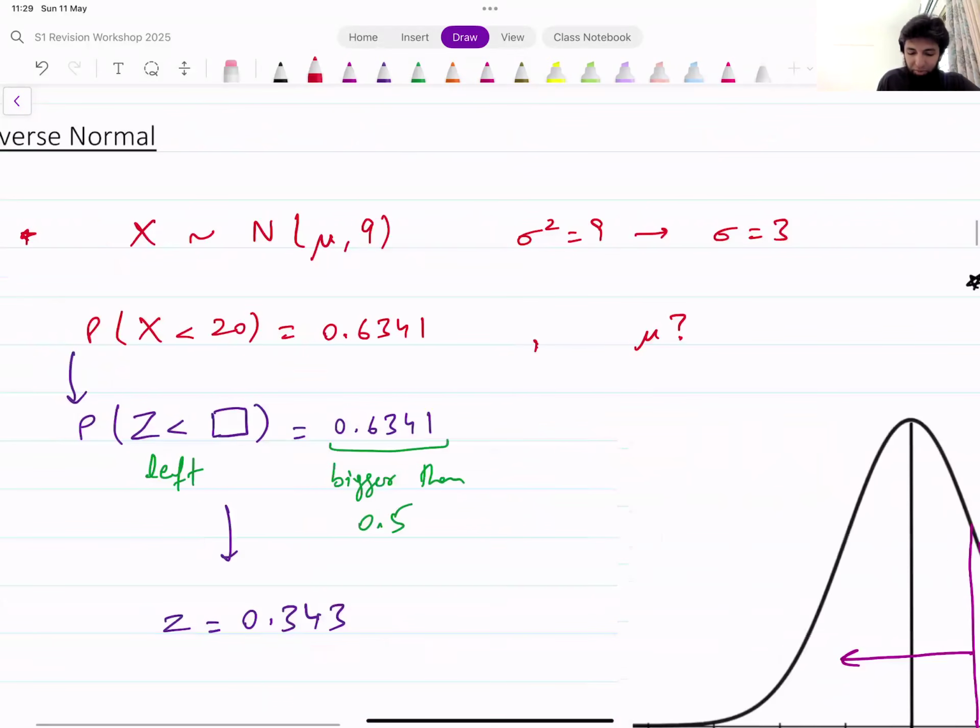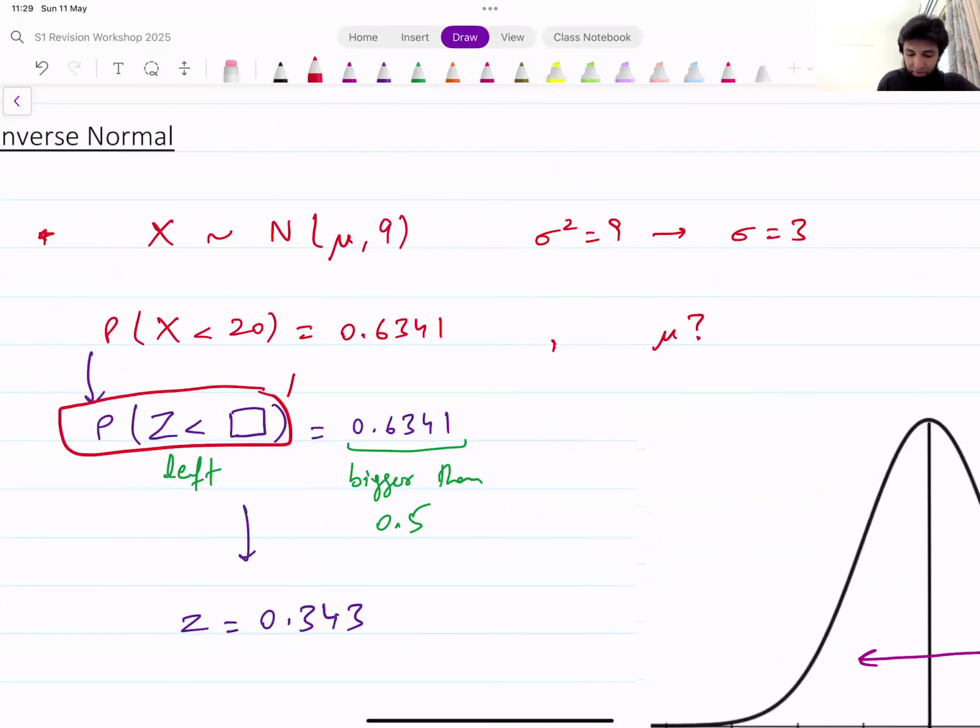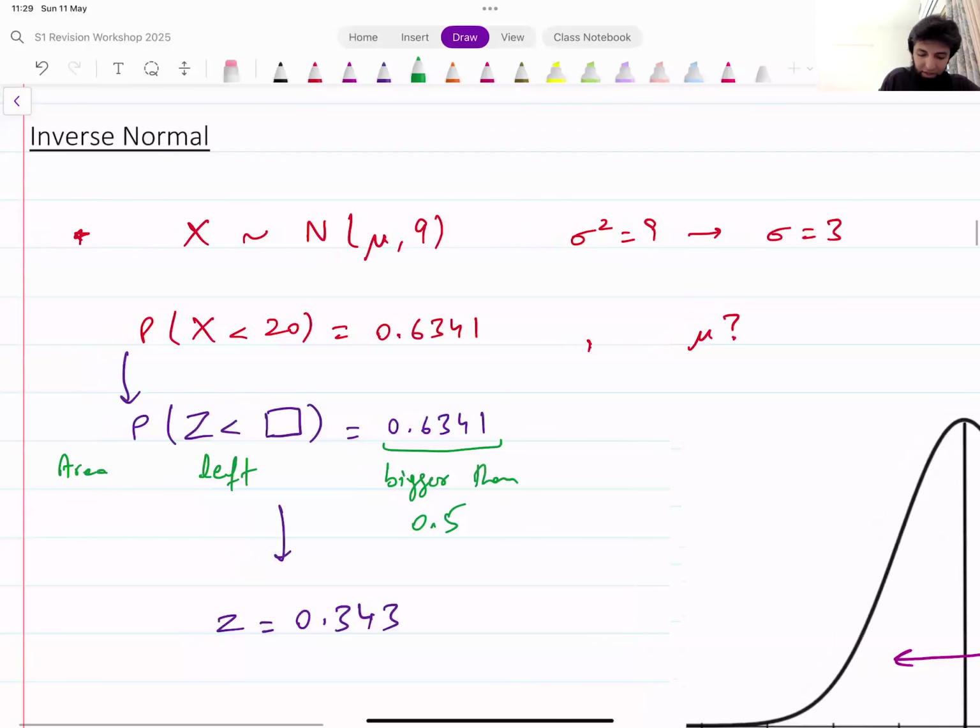You say, probability of Z less than this number is equal to 0.6341. So on the normal distribution curve, what we're saying is the area towards the left side. Less than means we are saying area towards the left of this z value is equal to 0.6341.